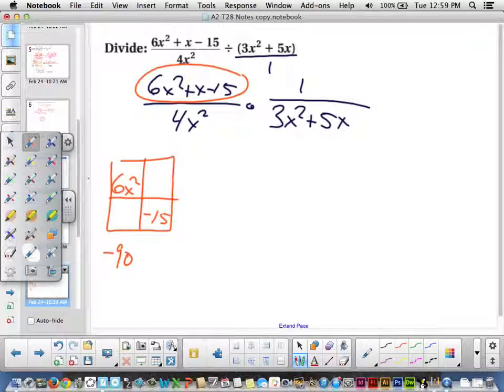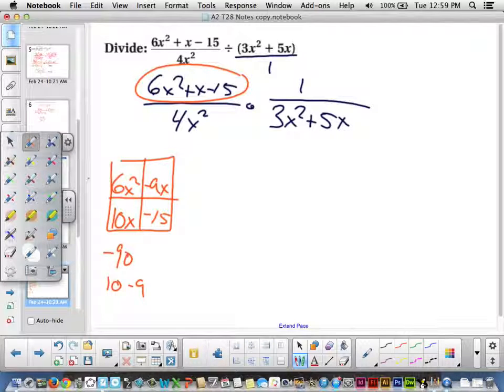Let's take a look and try some values here. 90 divided by 10 is 9. So 10 and negative 9, that adds to 1. So it's 10x and negative 9x.